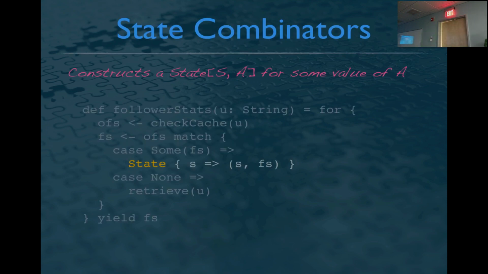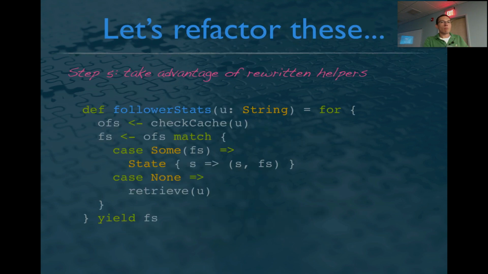So let's talk about state combinators. Go ahead, Jack. Oh yeah, that ugly match on sum and none. Yeah, it is coming. The question basically is, why did we pattern match on the option here?